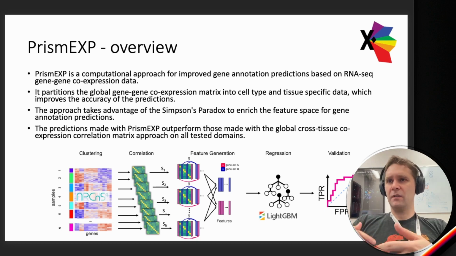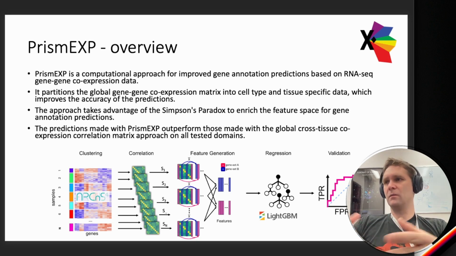The predictions that are made by PrismEXP outperform the predictions made by global correlation matrices that are calculated across all tissues at once. So the workflow is shown in this graph here.